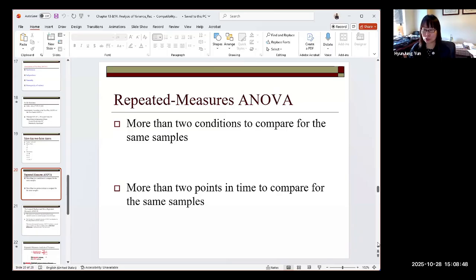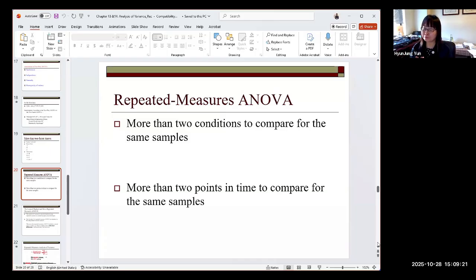Again, I will show you the structures of the data and the analysis of what you do, and whether it still aligns with the foundations of statistical analysis. The only difference between repeated measures ANOVA and multi-factor ANOVA is whether the individual differences are counted or not. That's the key difference, and the rest of them are the same.